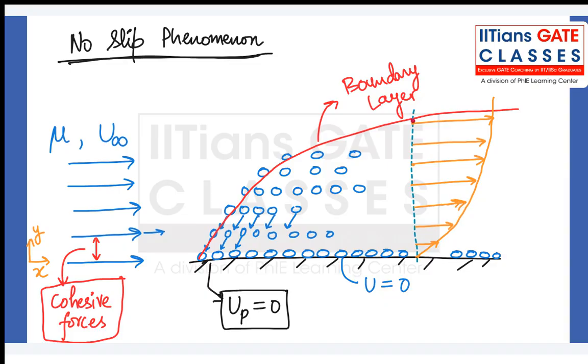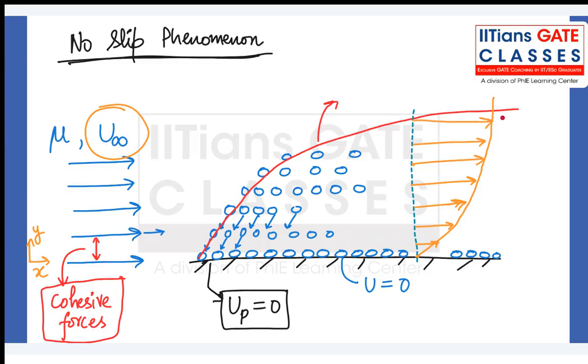Clear? So this boundary layer is the region under which the influence of the solid body is felt by the fluid particles. Outside of the boundary layer, my fluid is moving with the same free stream velocity u infinity. So what will happen if I draw this here?